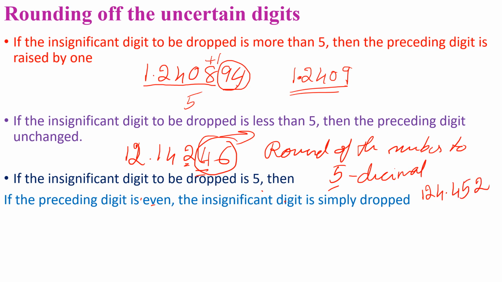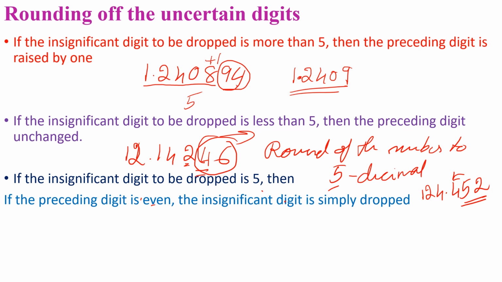124.452. This is the number. You have to adjust it to 4 decimal places. So which are the insignificant? This 5 and 2 are insignificant. So at that time what you have to do? This 5 is equal to 5, not less than 5 or more than 5. At that time you have to look into the previous number. Previous number is 4. It is even or odd?